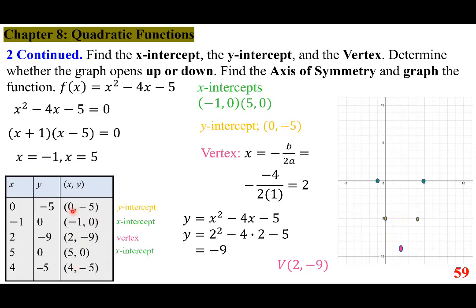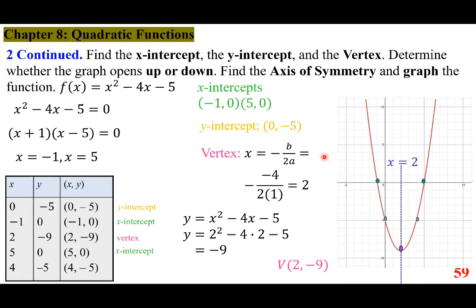So again, if you look at this y-intercept, which is here, (0, -5), compare it to the location of your vertex. Remember the vertex, you can draw, and I'm going to show you in a moment, the axis of symmetry, so it becomes clear now. Here's the graph. Here's the axis of symmetry with the equation x = 2. So this distance is 2.